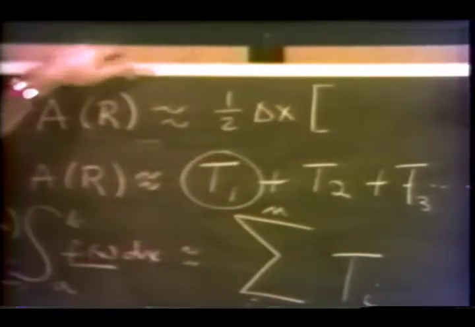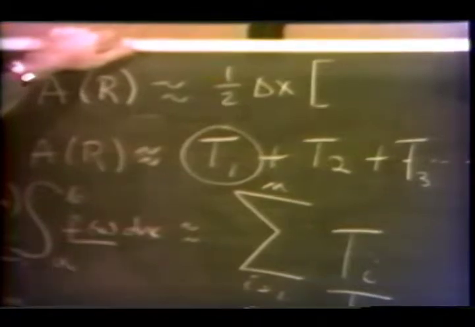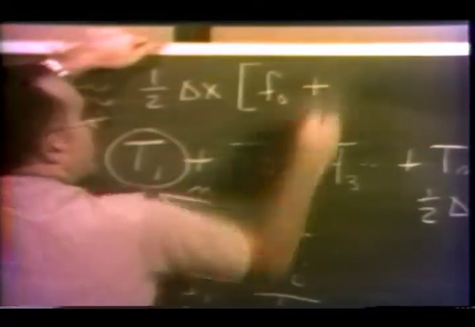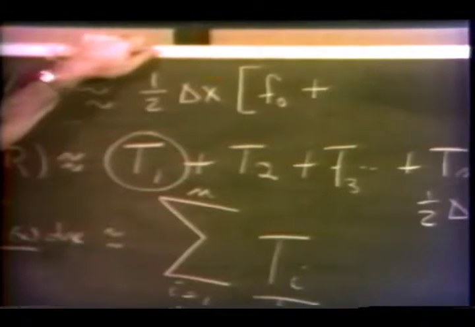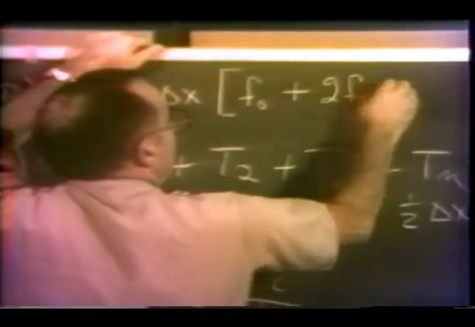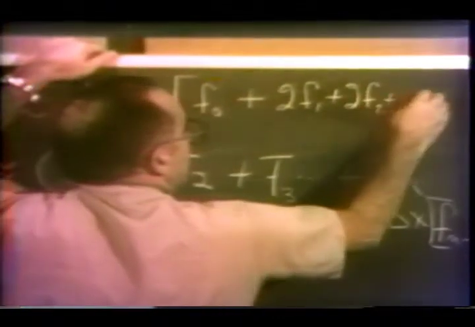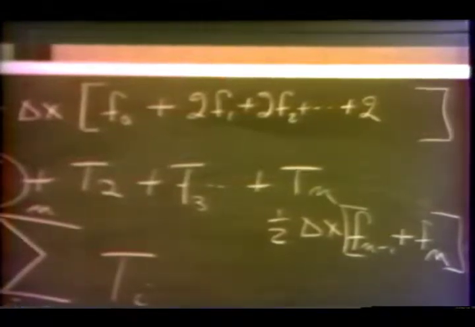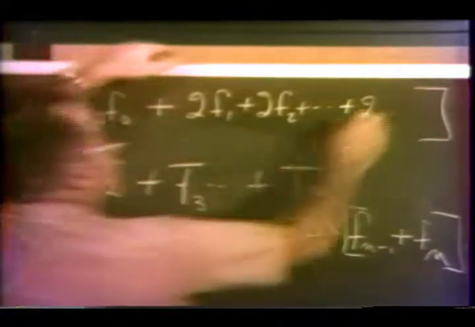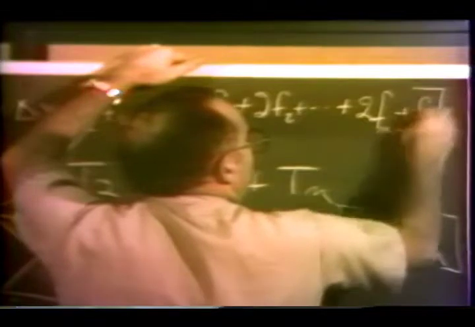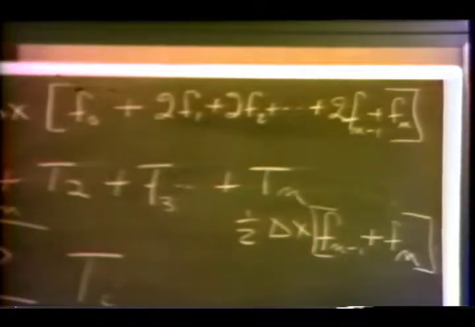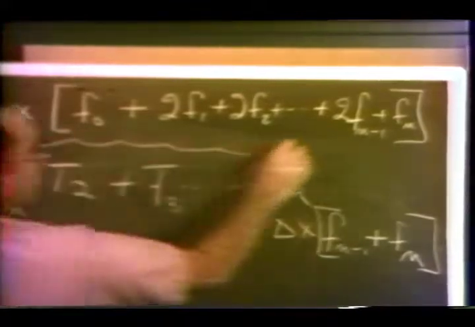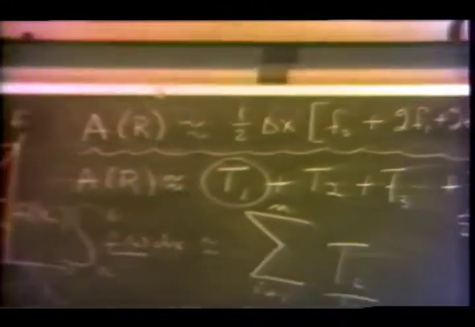So I start adding those up. f0 plus, the next one that'll be certainly 2f1 plus 2f2 plus, what will the last double be in this array here, since it's a finite number? 2f(n minus 1), right, plus finally f sub n. And this approximating formula then is known as the trapezoidal rule, trapezoidal approximation.